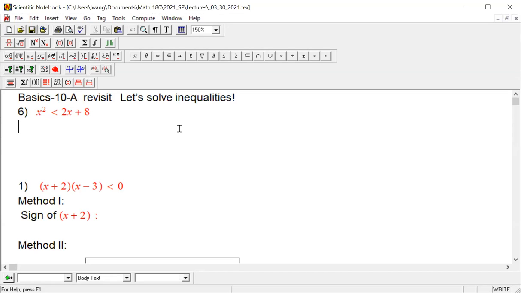We've done number 1, and we've done all the quadratics, right? We've done one big question of quadratics. And what do we do with this guy? I'm going to move forward though.